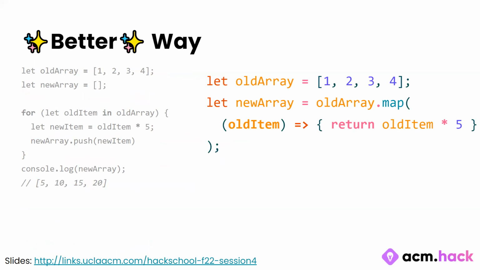Okay, so if you notice, we're doing something called .map. So we have the same array as old, but .map, and what we're passing in is a function. This function takes in an old item as argument, and it returns this old item multiplied by 5.